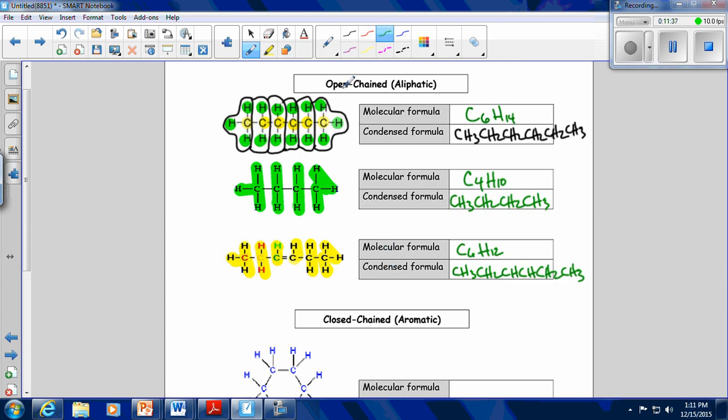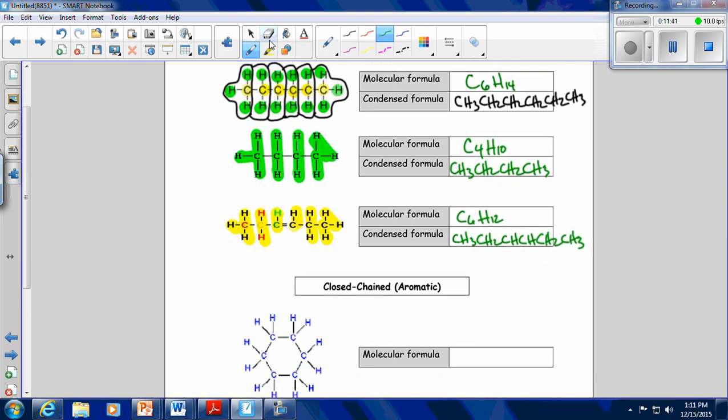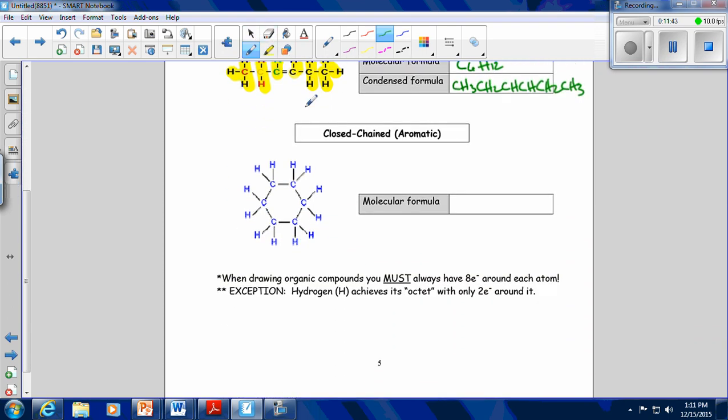Now, if we take a look at the bottom where it says closed chained, these are called aromatics. These are the ones that usually put off some sort of scent, an odor like peppermints or spearmints. All right, let's take a look at this one. Same thing with the molecular formula that we did up above, right? In looking at this ring, there's no condensed formula for this one, just the molecular formula, okay?